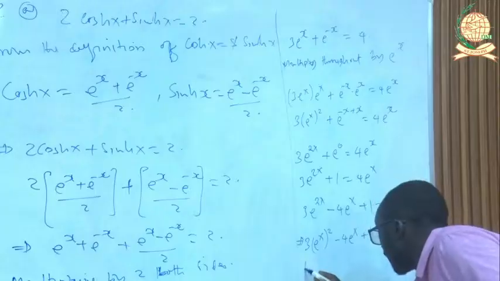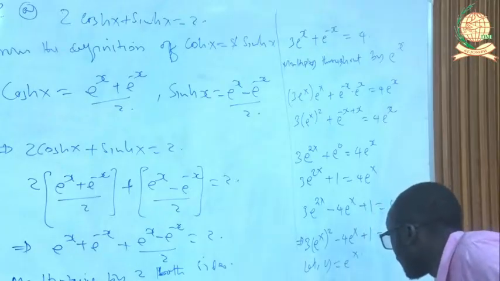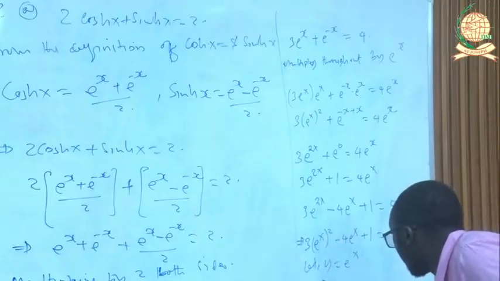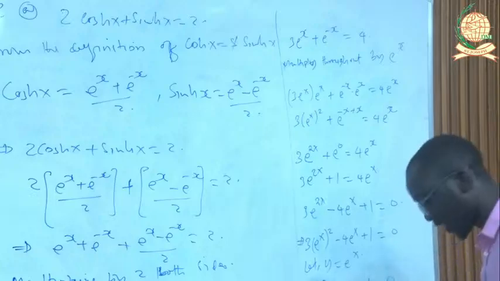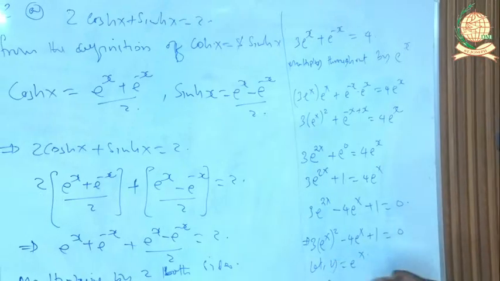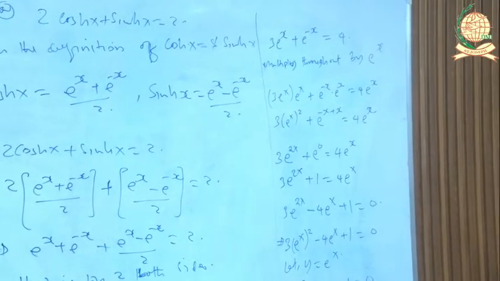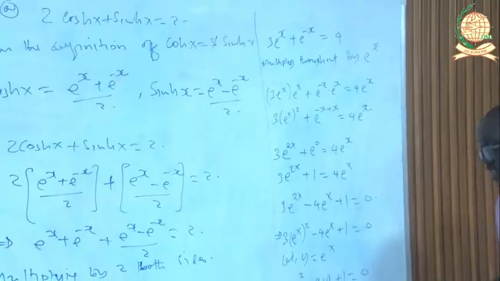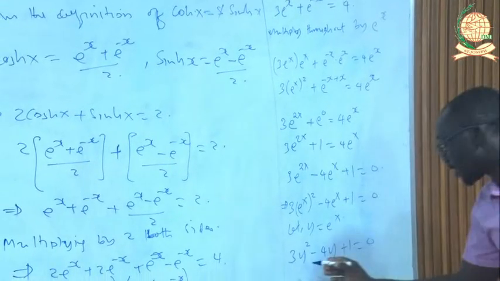So suppose we relate y equals e^x from here, you're going to have 3y squared minus 4y plus 1 equals 0. So you can see this is simply a quadratic equation of second degree that you can solve by using the general formula of quadratic equation with our coefficient a here.